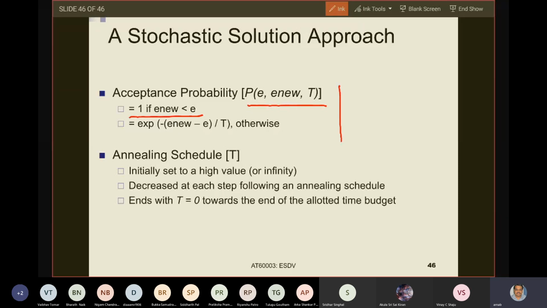In that case, the value of P becomes e to the power minus (E new minus E) by T, which is equal to 1 by e to the power (E new minus E) by T, right?